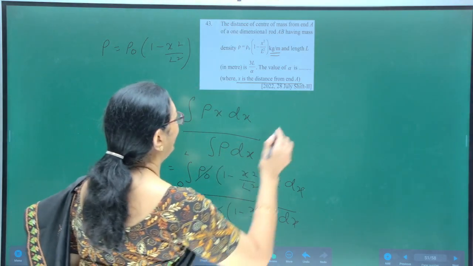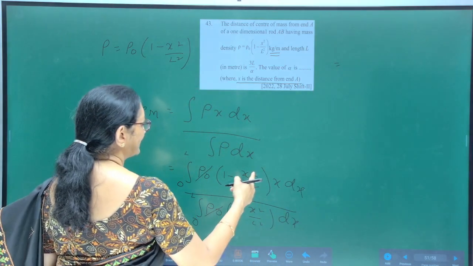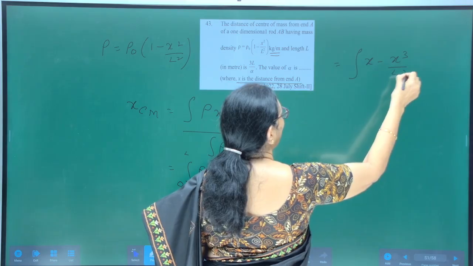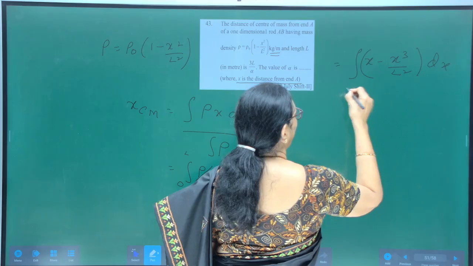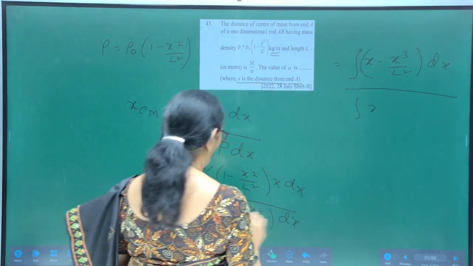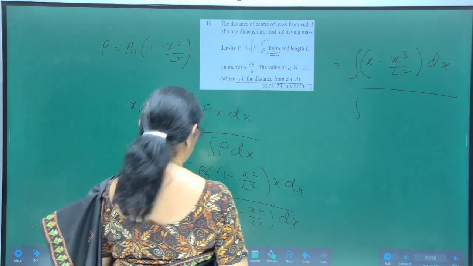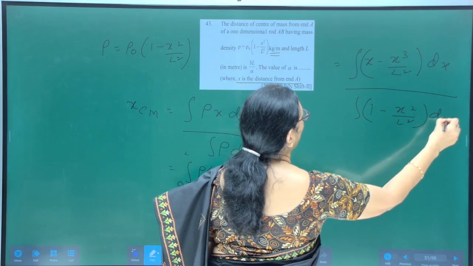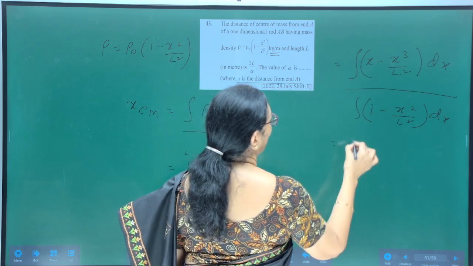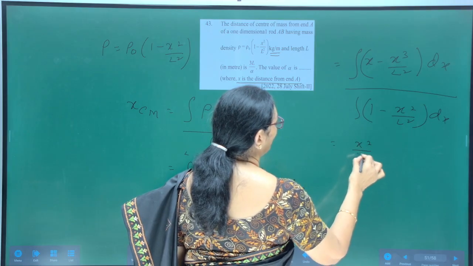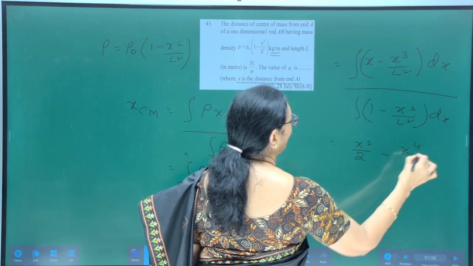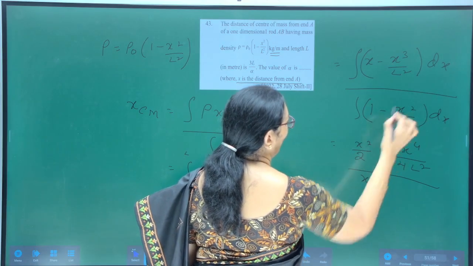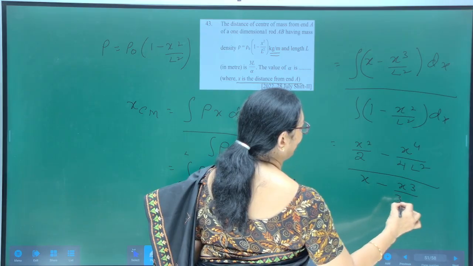Okay, so if you integrate this, what do you get? Let us write it like this: x minus x cube by L square dx divided by 1 minus x square by L square dx, with limits 0 to L. Integral of x is x square by 2, integral of x cube is x to the power of 4 by 4 L square, divided by integral of dx is x, and integral of x square is x cube by 3 L square.